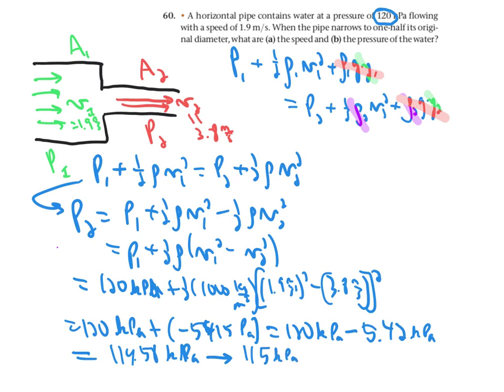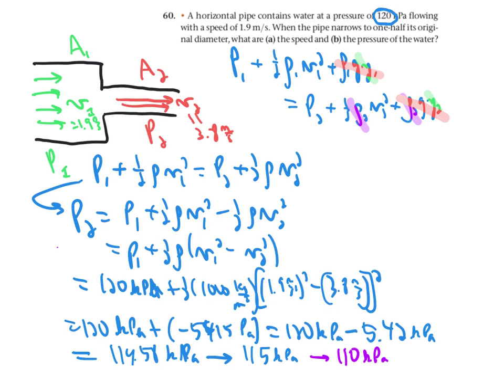So we get 115 kilopascals. If you did not treat that last one as significant, then it should only go to the tens place, in which case it would be 110 kilopascals.